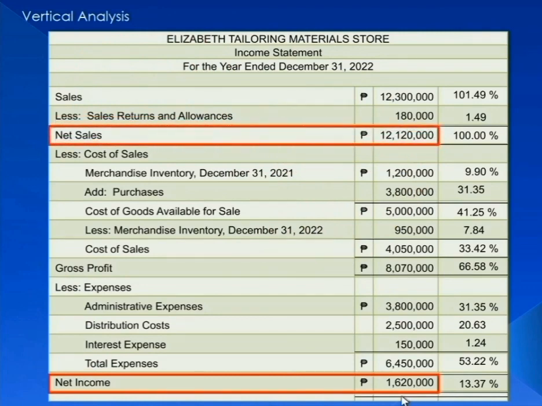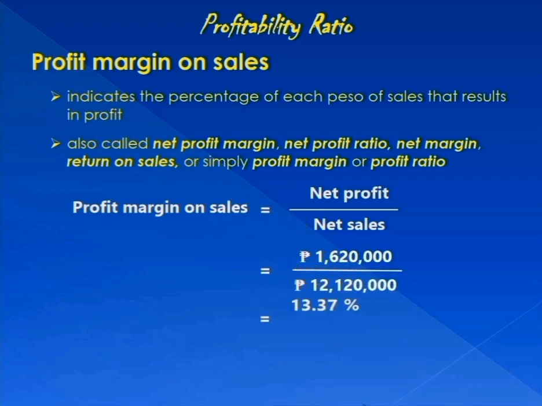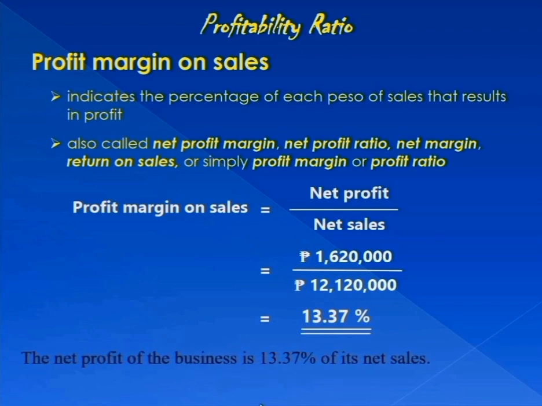Its net sales figure, on the other hand, is 12,120,000. Hence, its profit margin on sales is 13.37%, which means that the net profit of the business is 13.37% of its net sales.